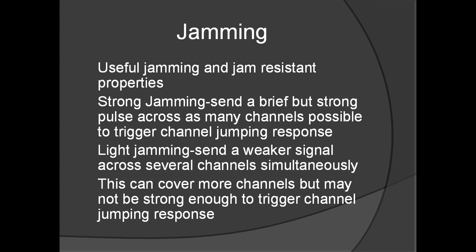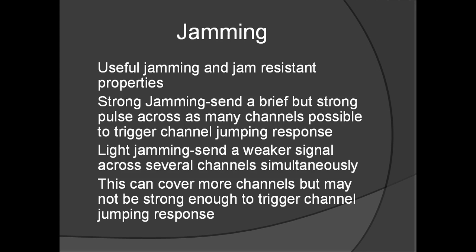One big area to consider with all radio systems is jamming, and software-defined radio provides useful jamming and jam-resisting properties. In one of the papers read, they discuss three different strategies. Strong jamming sends a brief but strong pulse across as many channels as possible to trigger a channel jumping response of a software-defined radio.